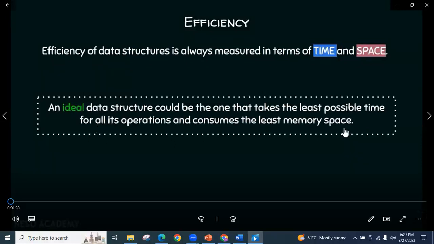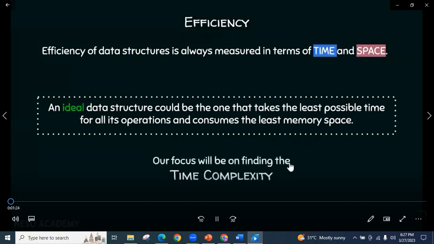Then I can say a data structure is an ideal data structure. Our focus will be on finding the time complexity and not the space complexity. We are not interested right now in how much space a data structure will consume. We are interested in finding the time complexity for easing our task, so that we can guess which data structure would be the best.